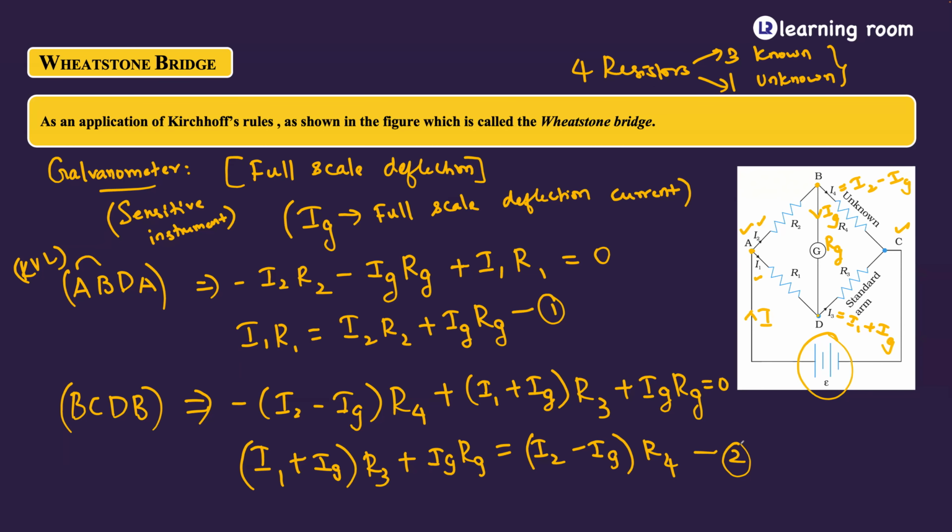Now, we are going to do some manipulation to the first and the second equation. See, when the current through the galvanometer is 0, when the value of Ig becomes 0, then the Wheatstone bridge is said to be a balanced Wheatstone bridge.